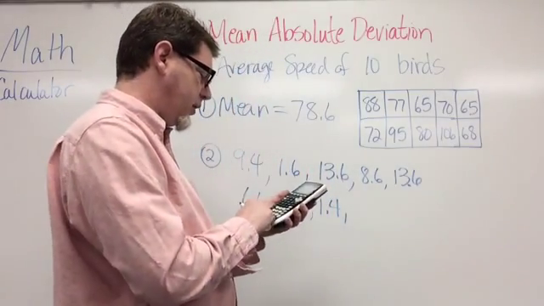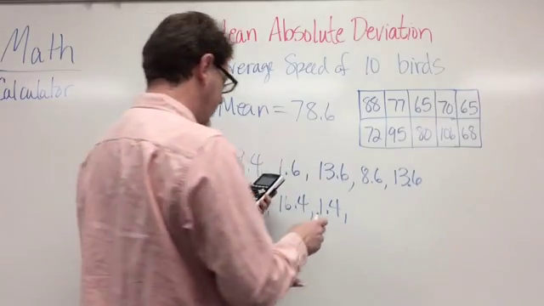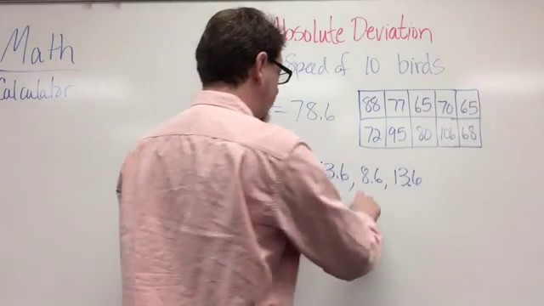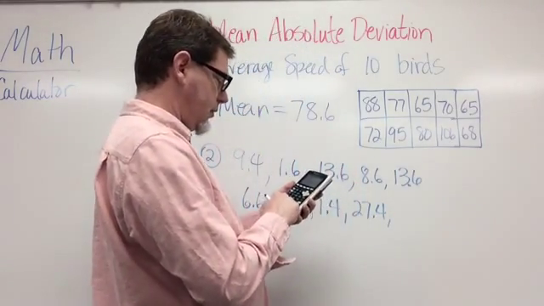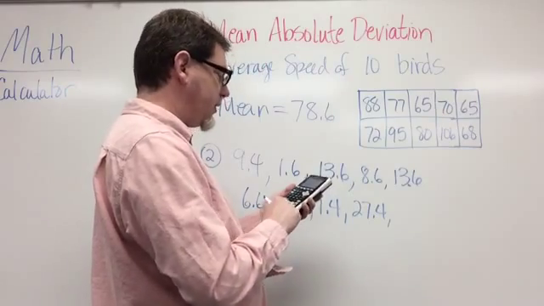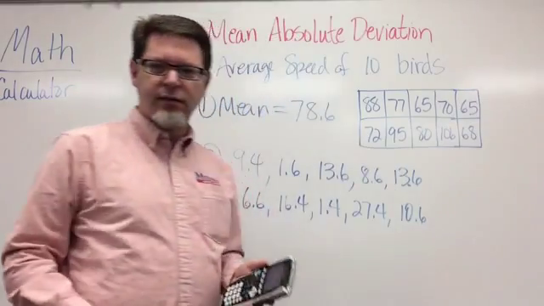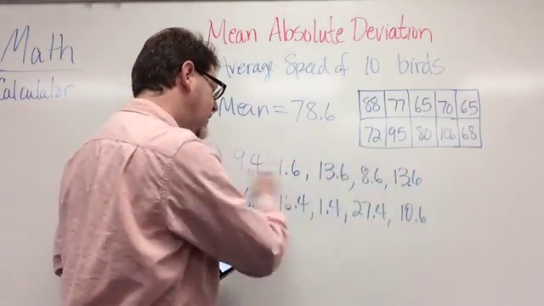And 106 minus 78.6, and I got 27.4. And then 68 minus 78.6, and I got negative 10.6, but I just write down the positive because we're talking about absolutes here.